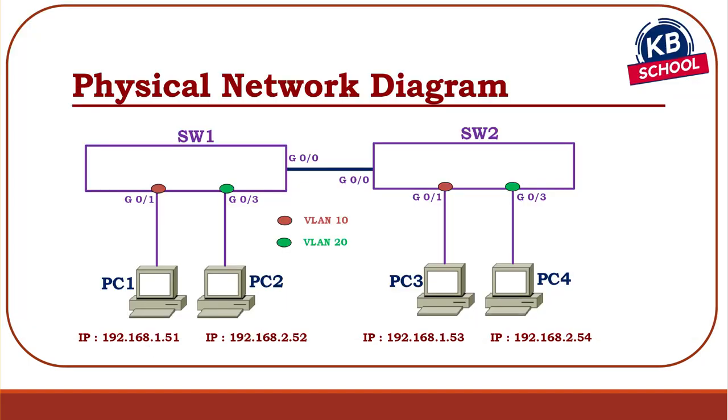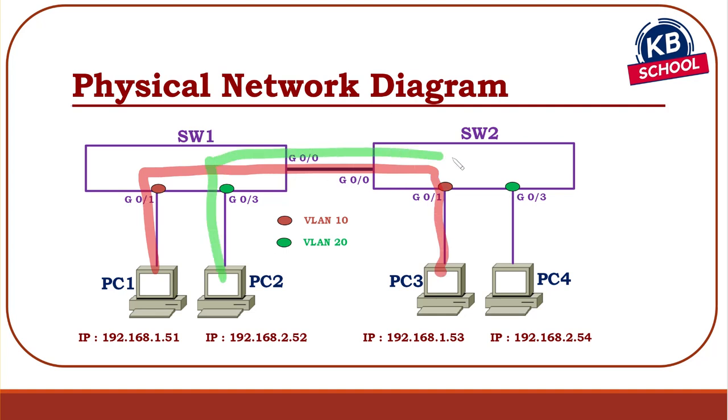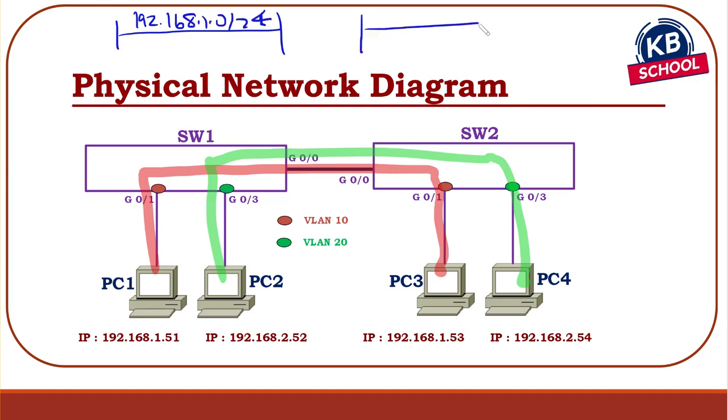So right now, what I pinged was PC1 over here pinged this guy over here, and PC2 pinged this guy over here. As I said, logically speaking, the way the networks are right now, I have the 192.168.1.0 network, and I have a separate 192.168.2.0 network.